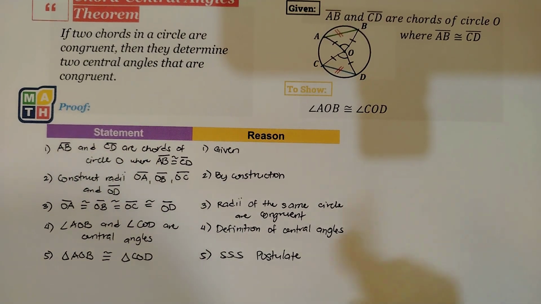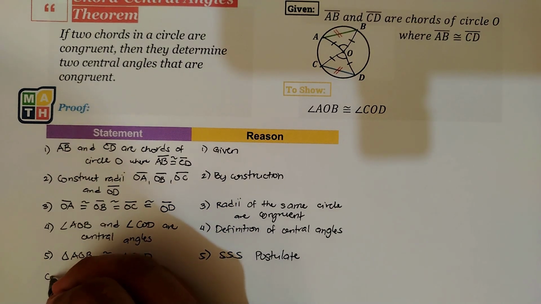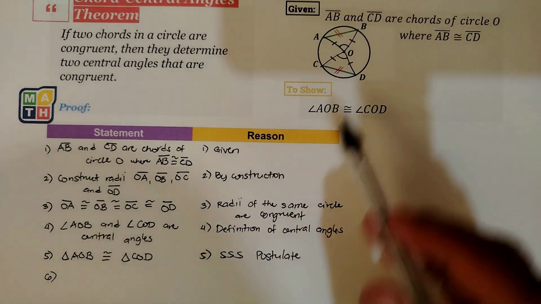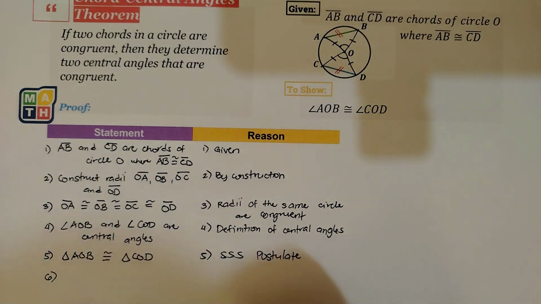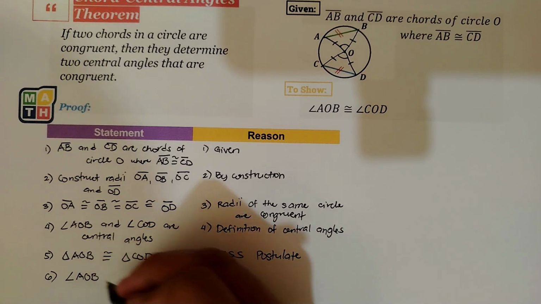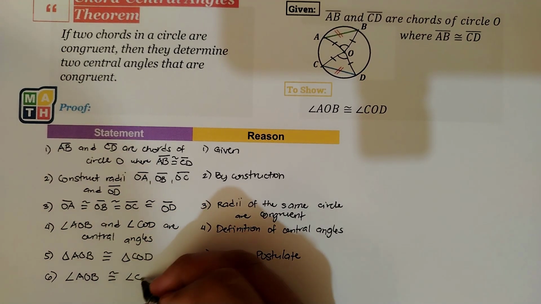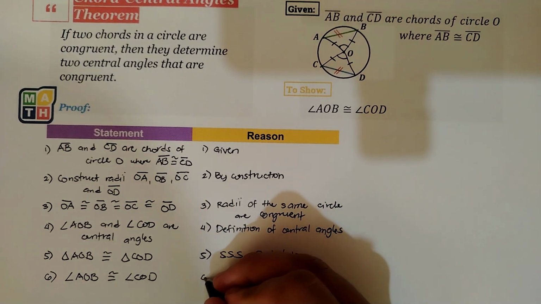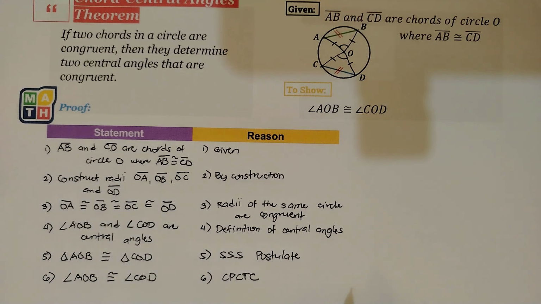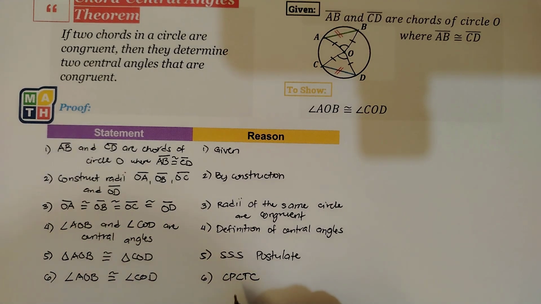We're doing this because when we go to our step 6, and we have established already angle AOB and angle COD being part of those two triangles, we can now say that angle AOB is congruent to angle COD. This is under CPCTC, or corresponding parts of congruent triangles are congruent.